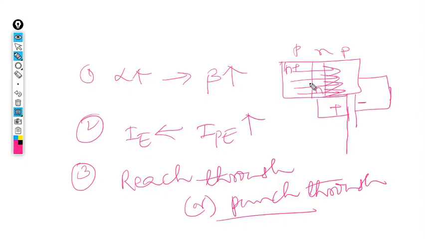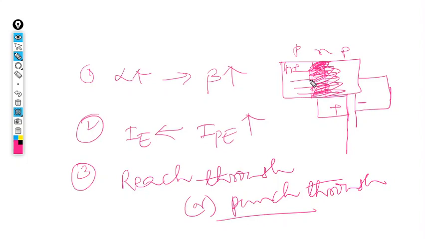So this phenomenon is known as the punch through concept or reach through. Here the collector region electrically reaches the emitter region if the effective base width becomes zero. So these are the three consequences of base width modulation. What is meant by base width modulation? If the reverse bias voltage increases, the width of the depletion region increases. As the base is lightly doped, the depletion region penetrates more on the base side, and for a larger value of VCB, the base width may become 0.